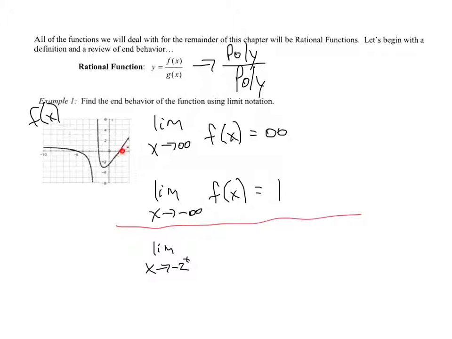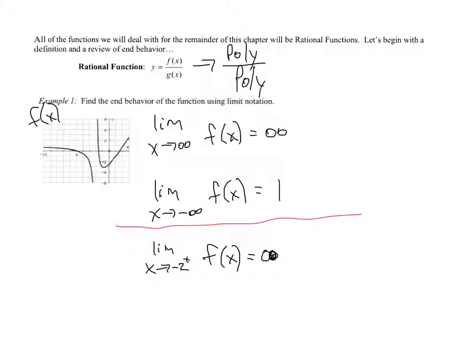So if I start coming at it from the positive side and I get really close to negative 2, all of a sudden the y values jump up to infinity. So we still need to say we're talking about f of x. But as we come from the right side and get close to negative 2, it's going to go to infinity. It's a gross looking infinity there. Let's see if I can, there, that's better.